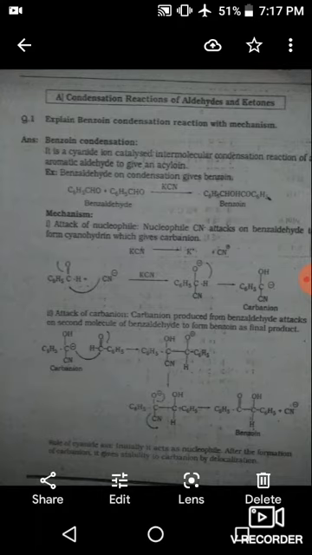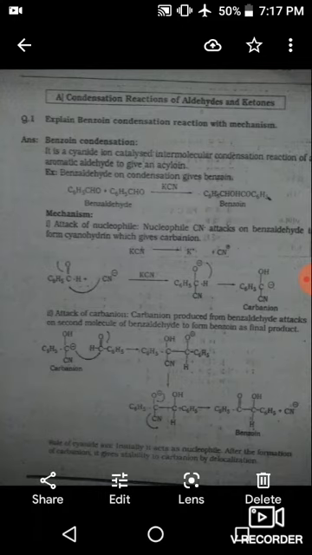See, the mechanism of this reaction is, firstly, as we know, the dissociation of potassium cyanide gives K plus and CN minus. In this reaction, one thing is more important: cyanide acts as a good leaving group, cyanide acts as a good electron withdrawing group, and cyanide acts as a nucleophile.